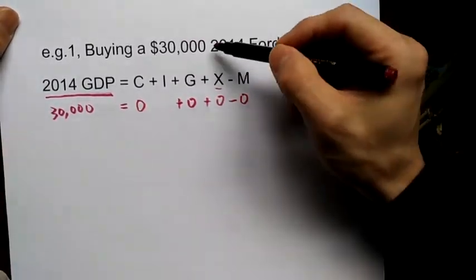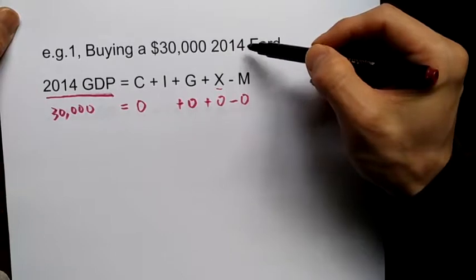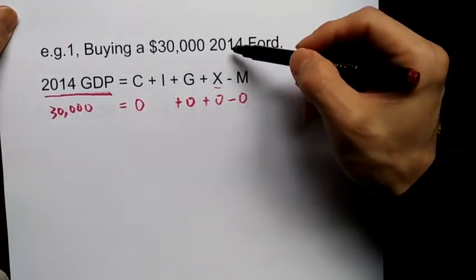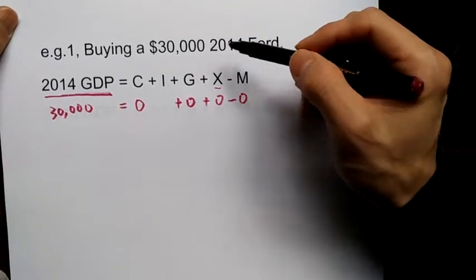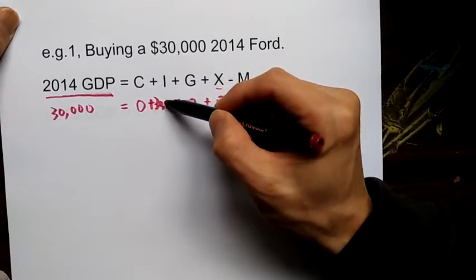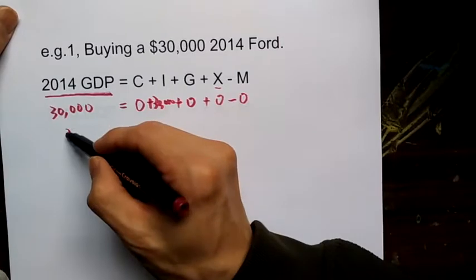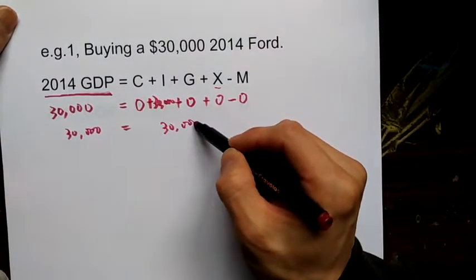Therefore, when this car was produced in 2014, it was not sold. Therefore, the firm keeps it in the inventory. And inventory is part of the investment. Therefore, you have $30,000 equal to $30,000.